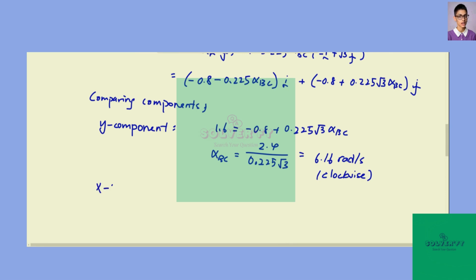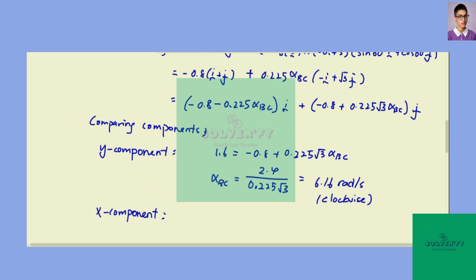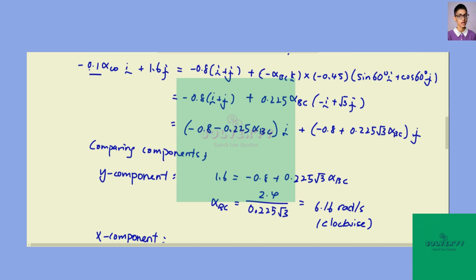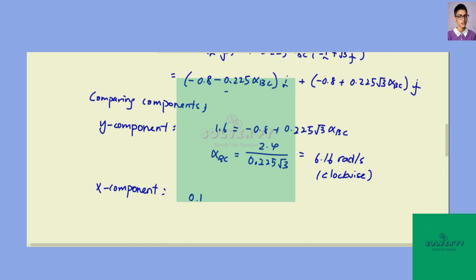For the x component, just refer again, this is equal to this. So we have 0.1 alpha CD equal to 0.8 plus 0.225 alpha BC.